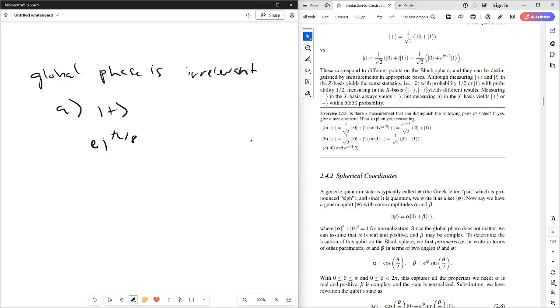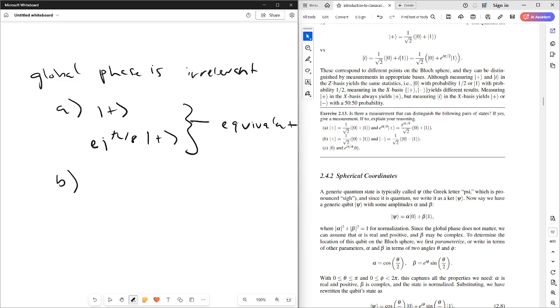So the global phase should not impact the measurements. It shouldn't alter the amplitudes. No, they do not differ. The two states differ by global phase, and are equivalent.